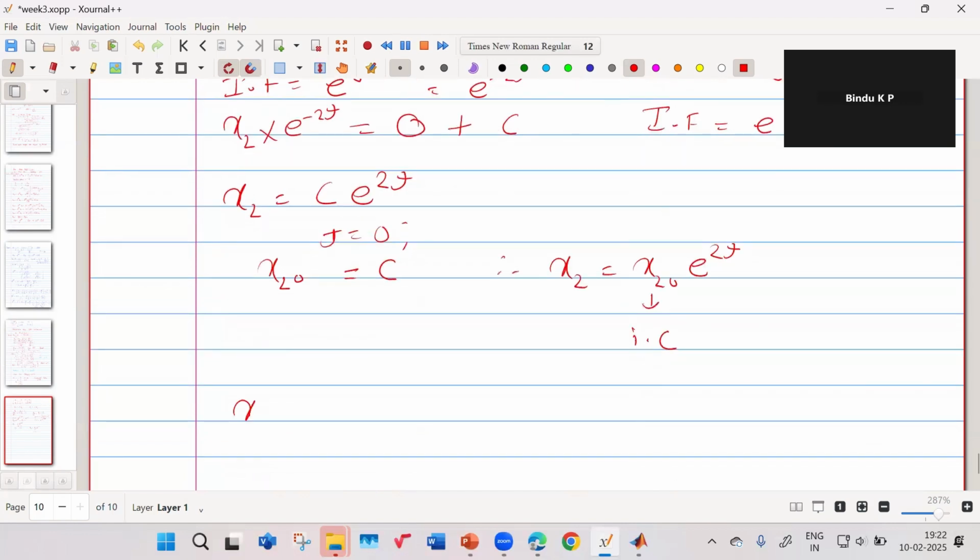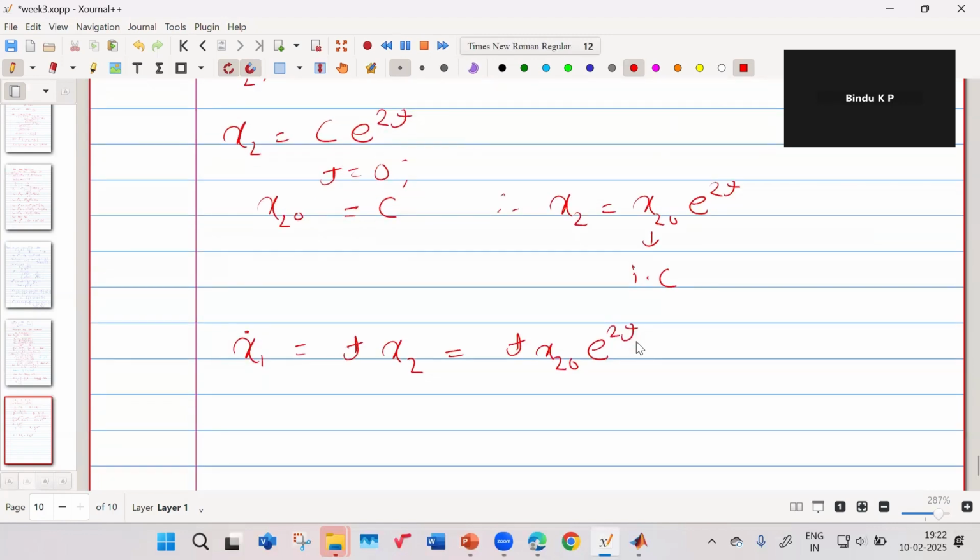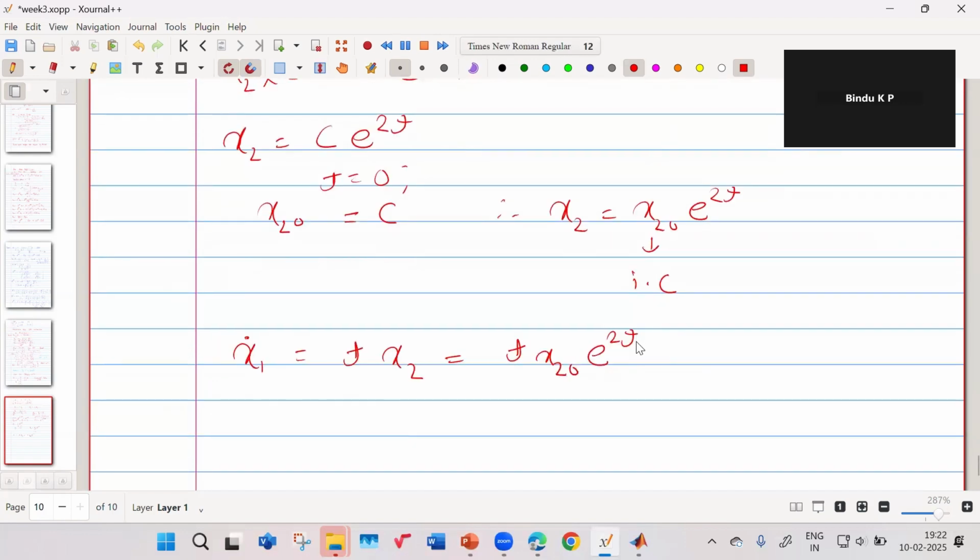Now what is x1 dot? x1 dot is equal to t into x2, so that is equal to t into x2(0) into e to the power 2t. So this is our x1 dot. Now we have to integrate this.